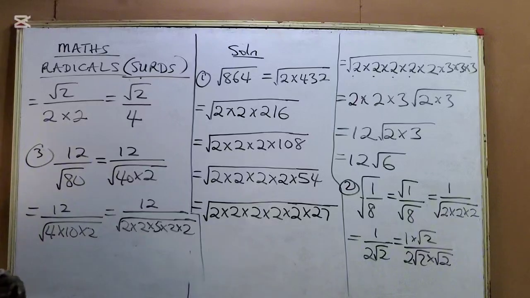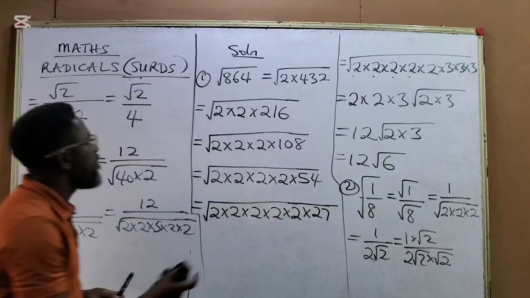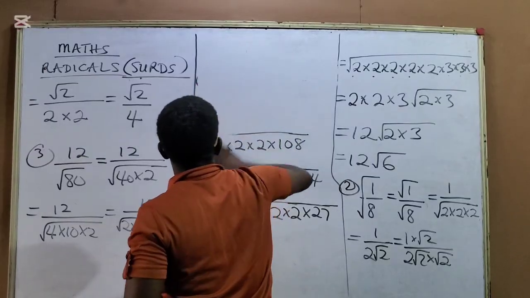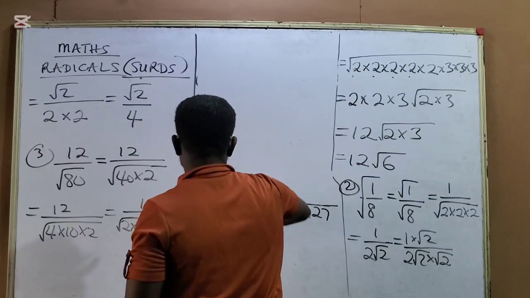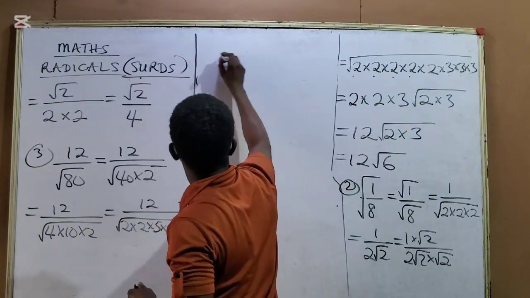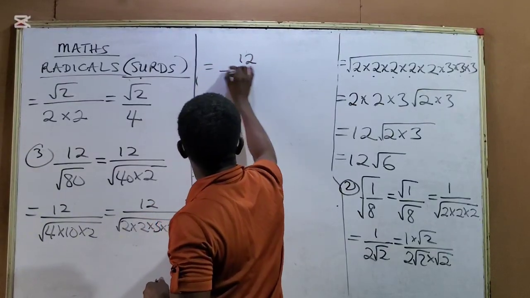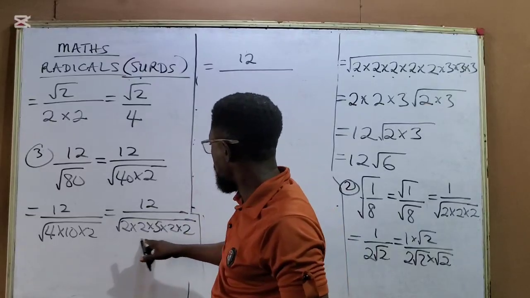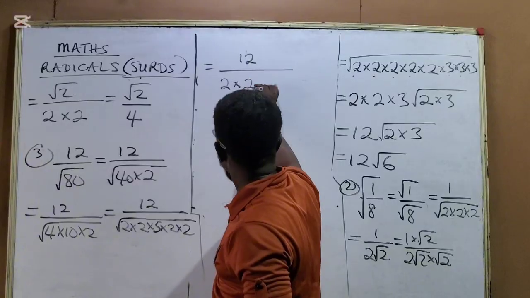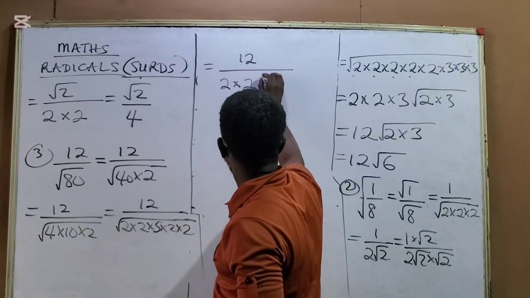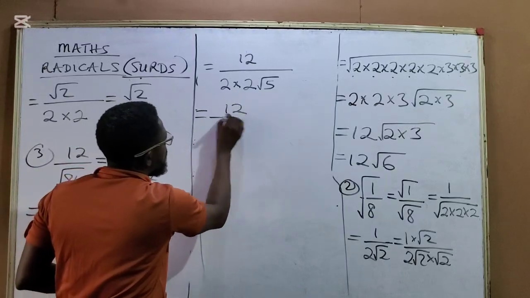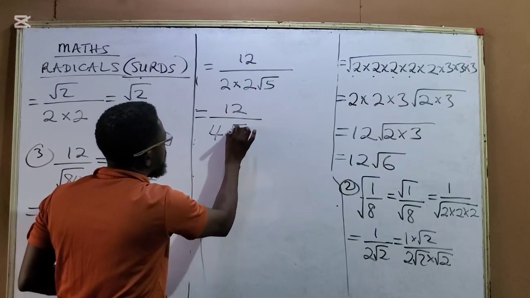So now, this one will give us 12 over root 2, take 1, 2. Root 2, take 1, 2. So we are left with what? Root 5. So this one gives 12 over 4 root 5.